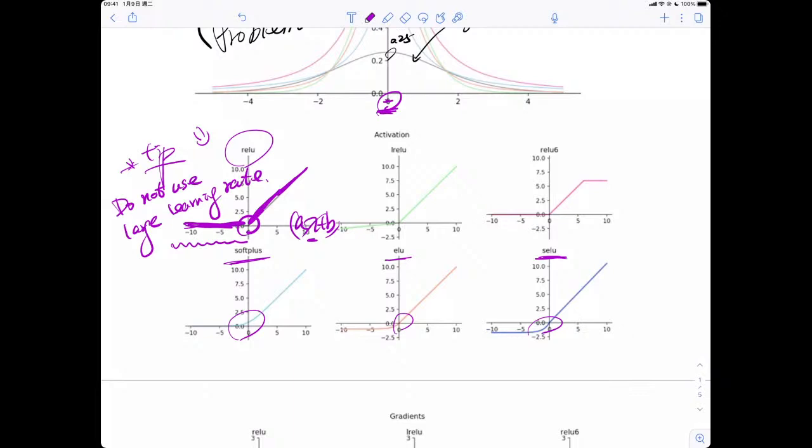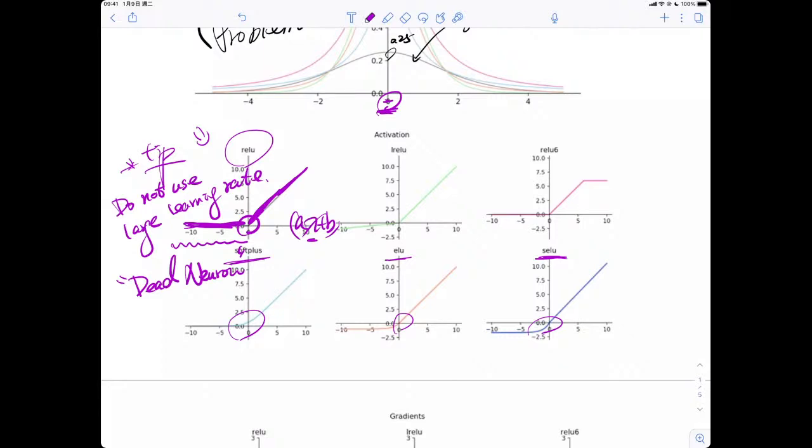So it caused a problem called dead neuron. It caused dead neuron because half of the data will become 0 after passing through the ReLU activation function. So when you do partial differentiation, or when you pass the data from left hand side to right hand side, this neuron will not be activated, right?